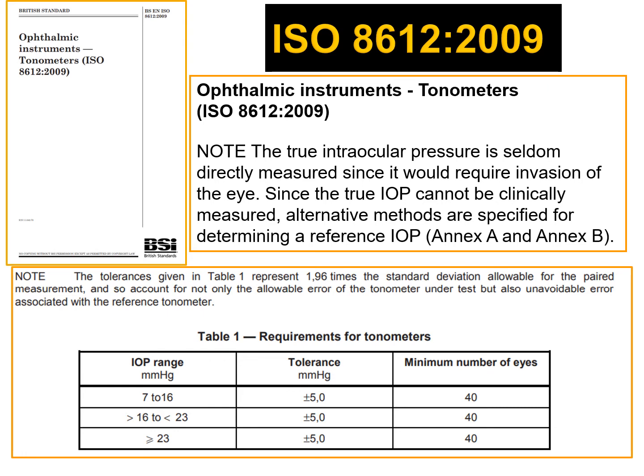And if you're going to compare two machines, one could argue you should at least use an acceptable protocol. So all these other papers, you could question their validity anyway, because they're all using different strategies and different techniques, and they're claiming certain things. At least ISO 8612 say you have to do this, but look at it. The tolerance is plus or minus 5. So they'll allow a tolerance of plus or minus 5 millimeters of mercury for an instrument to be accepted.